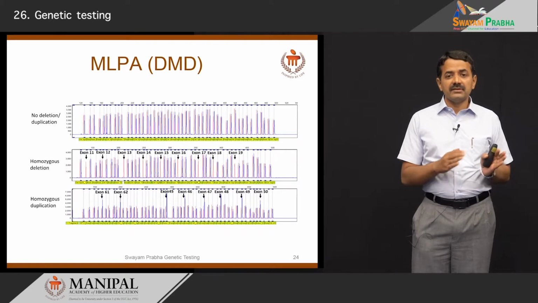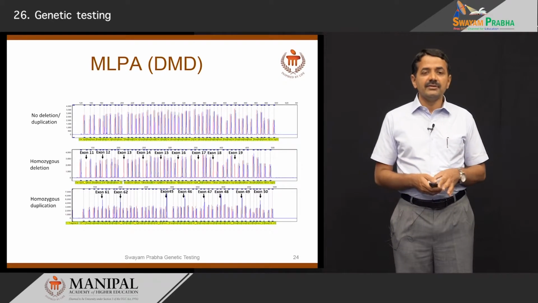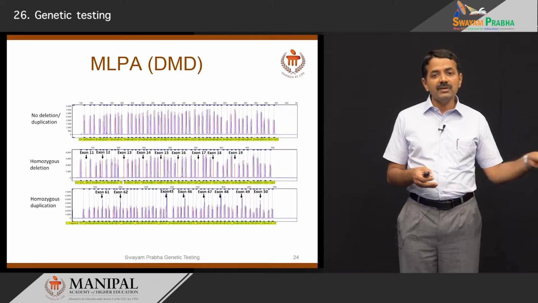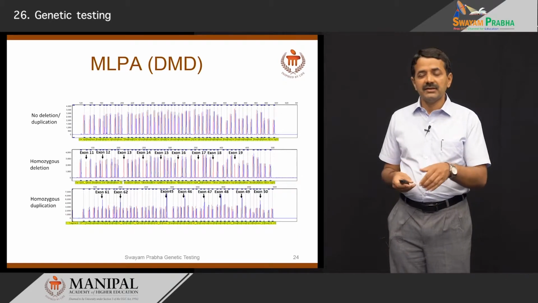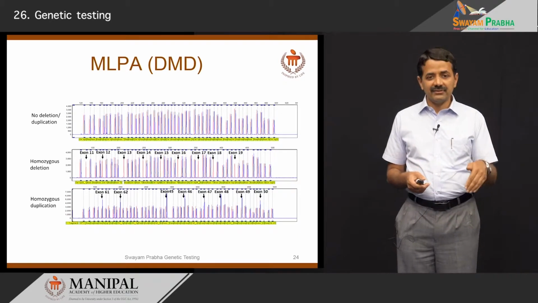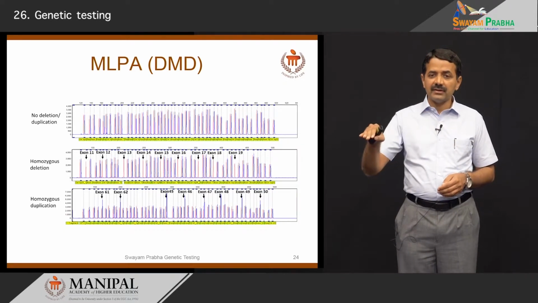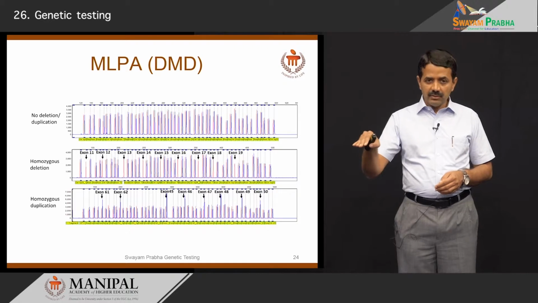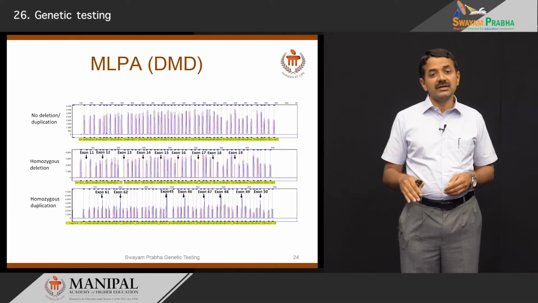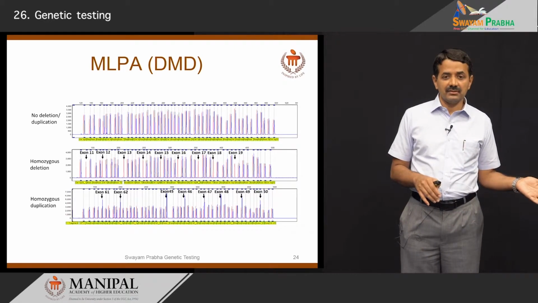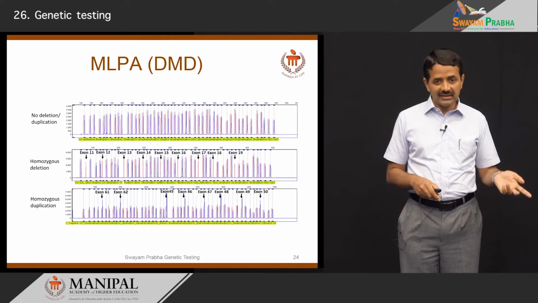DMD has 79 exons, and using MLPA all the 79 exons can be amplified selectively, and then you can see whether there is a deletion of a particular exon or duplication, which traditional PCR or multiplex PCR does not detect.